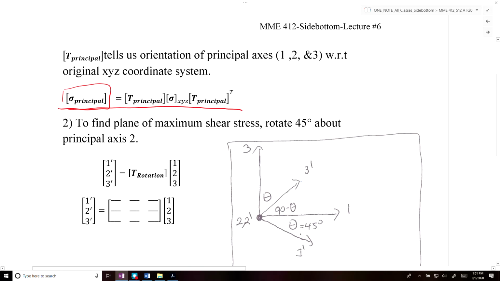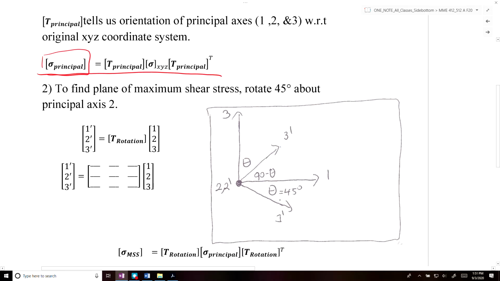The next step is to get to the plane of maximum shear stress. We know that the maximum shear stress will occur if you rotate 45 degrees about the second principal axis, which is the in-between of the maximum principal stress, sigma p1, and the minimum principal stress, sigma p3.